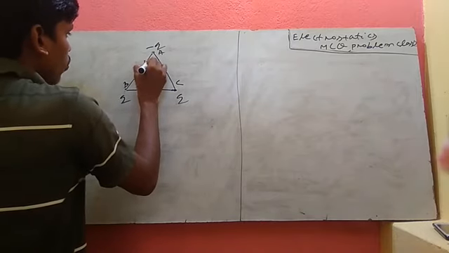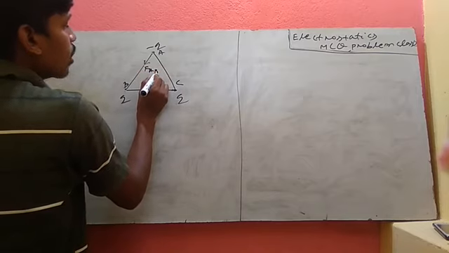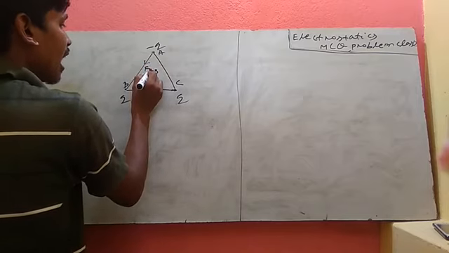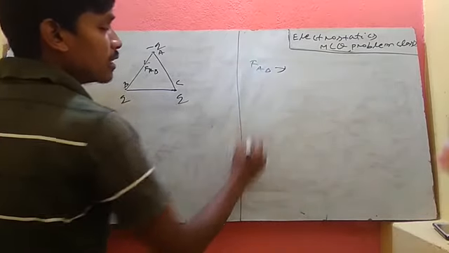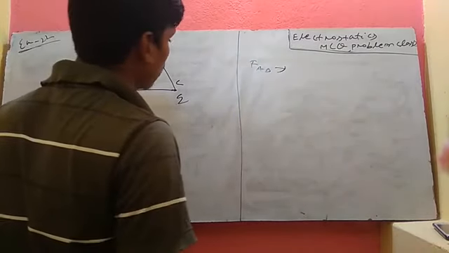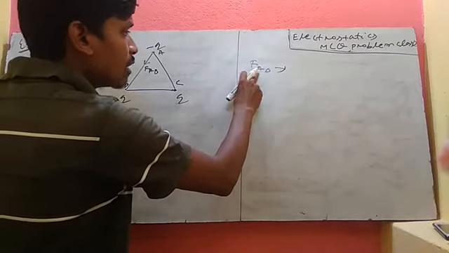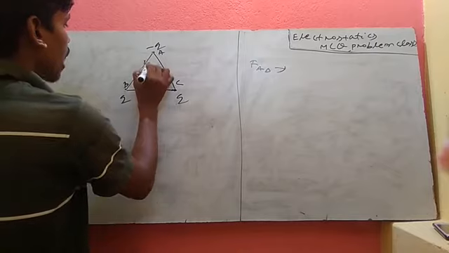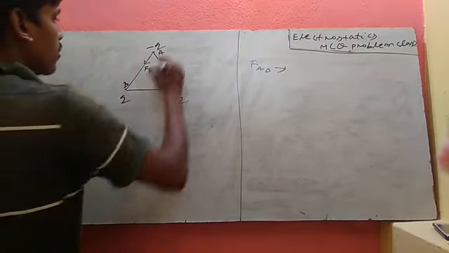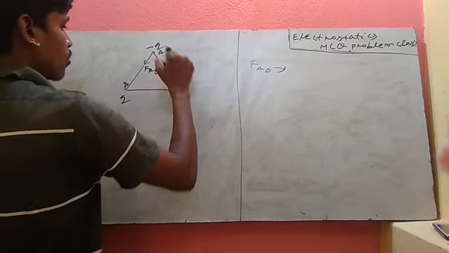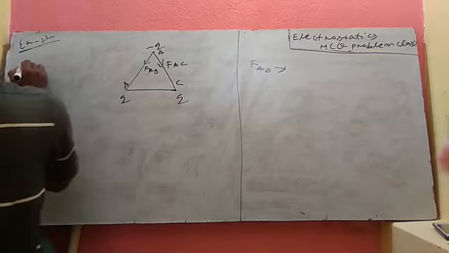So this force is named FAB, the force acting on A due to B, as you have already discussed in the theory class. That means the force is in this direction. Similarly, the force acting on A due to C is FAC.